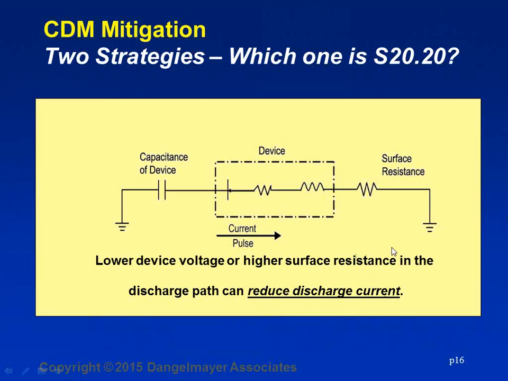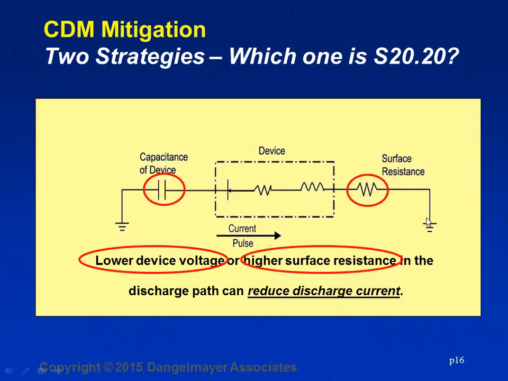So here we're looking at the two strategies. On the left, if we can lower the device voltage, that will reduce the discharge current. This strategy is the one that is in the industry standards, such as S20.20.